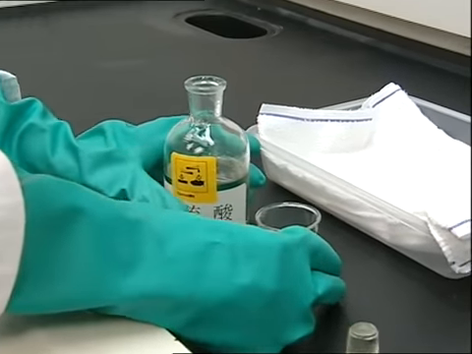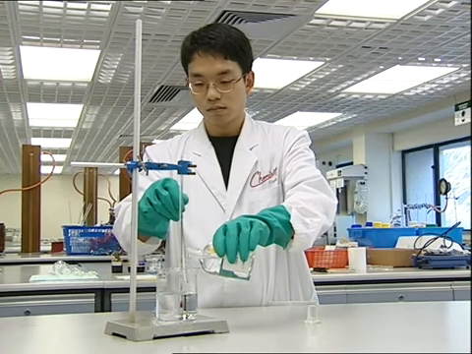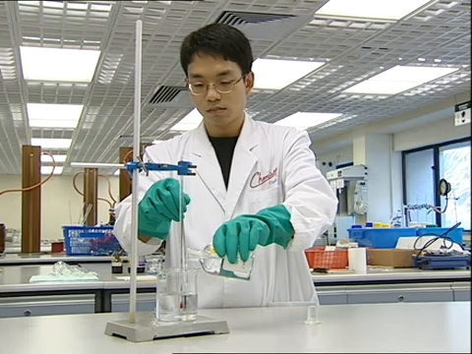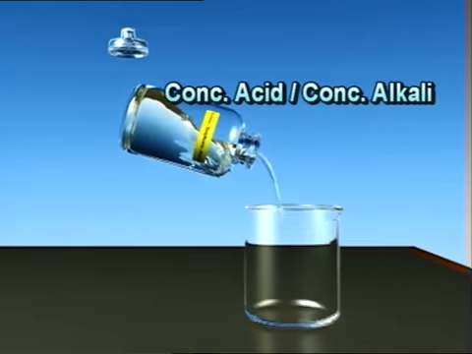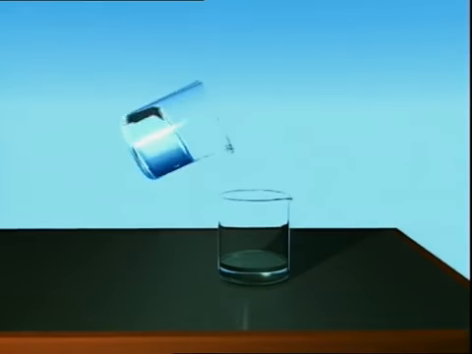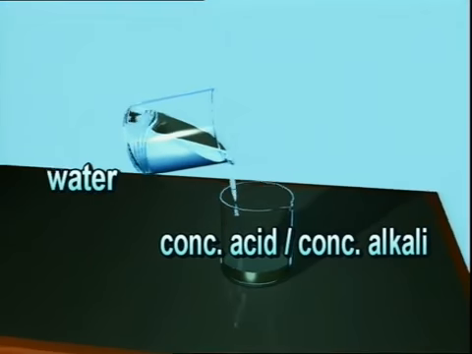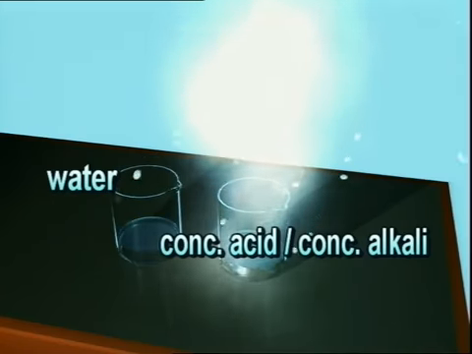The procedure of diluting a concentrated acid or alkali is very dangerous. Accidents will occur if you don't handle the liquids carefully. When water is poured into a concentrated acid or concentrated alkali for dilution, a large amount of heat is released.